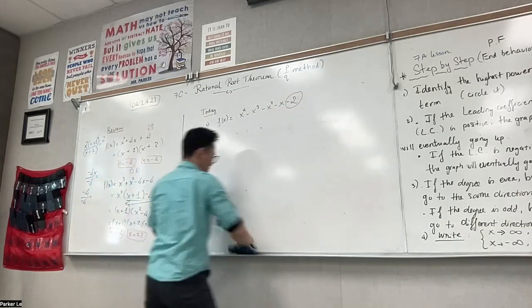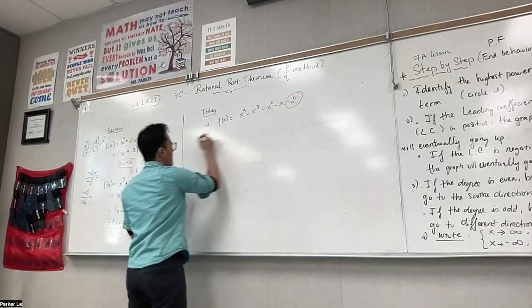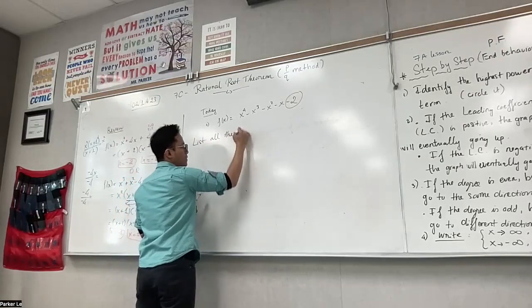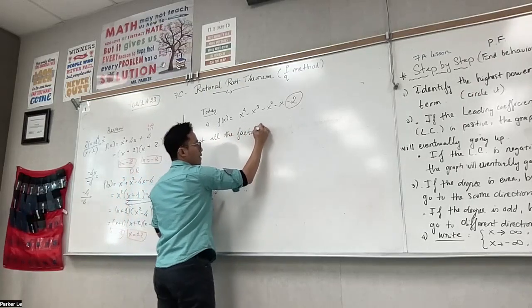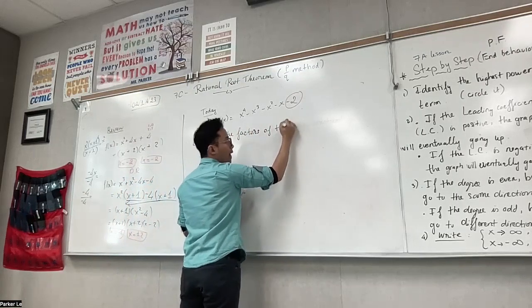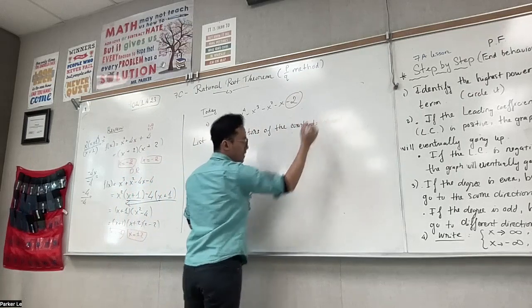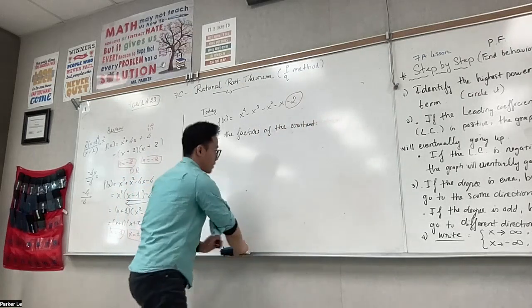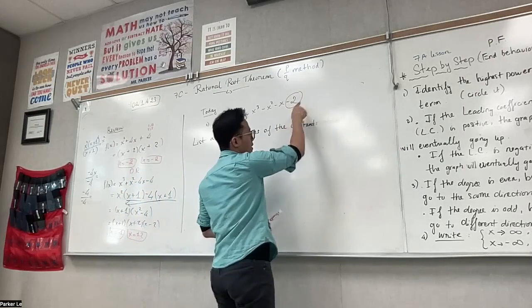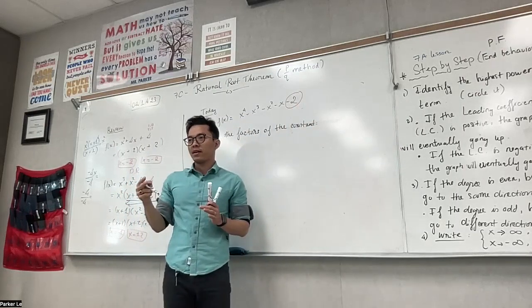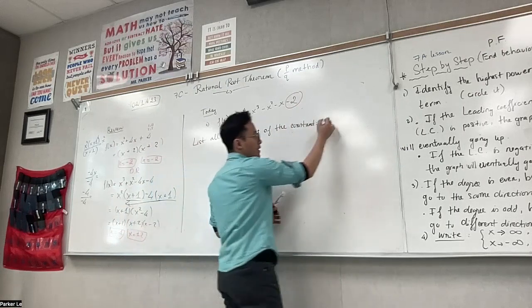Let me write small so we can have more space. So list all the factors of the constant. The constant is -2. What are the factors of 2? 2 and 1, right?